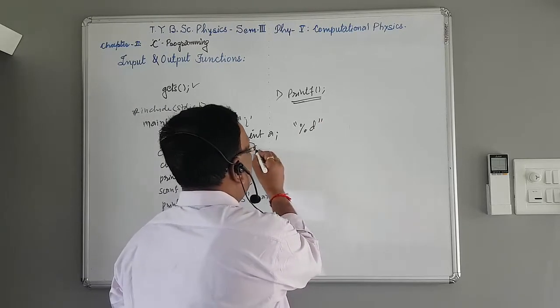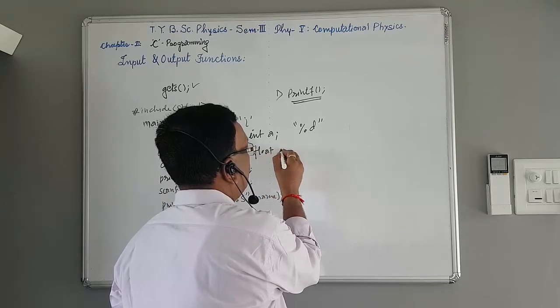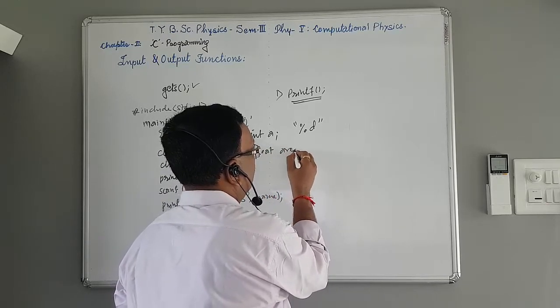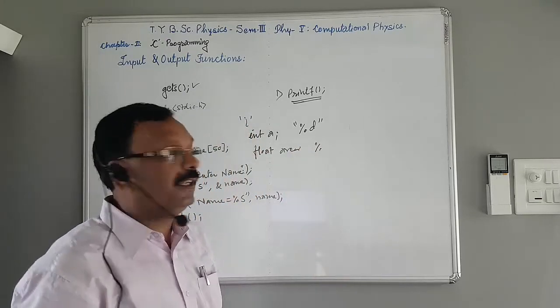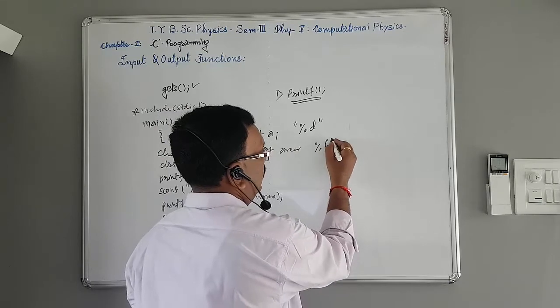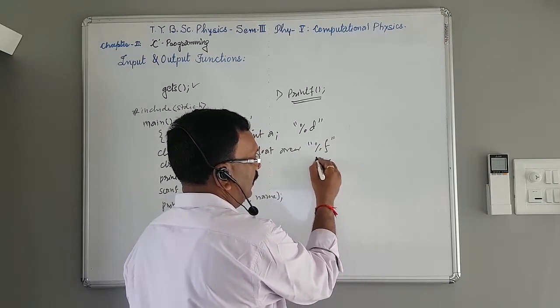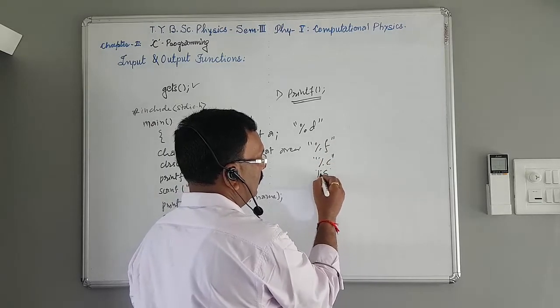If the data type is a real number, declared as float f or float area, then the format specifier is %f. If a single character, then %c. For a string, %s.